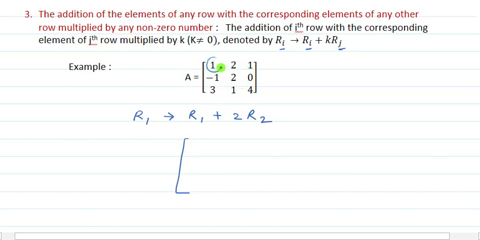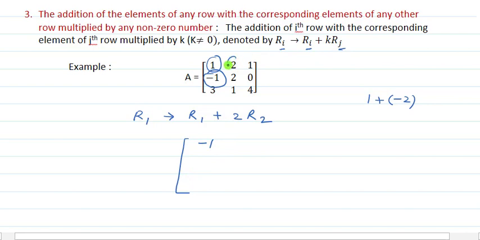Means this element of row R1 will be added with twice of this element of R2. Means we are getting 1 plus minus 2. Twice of this element is added to the corresponding element of R1. So we are getting minus 1 over here.